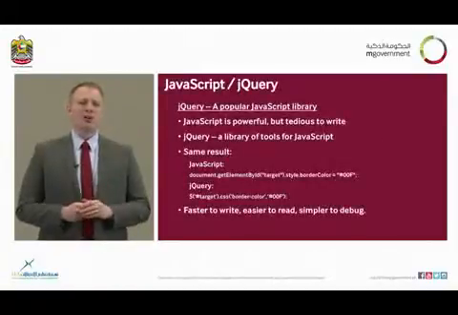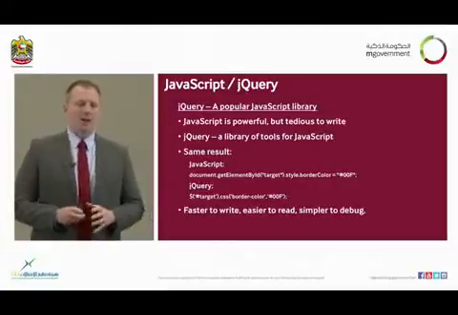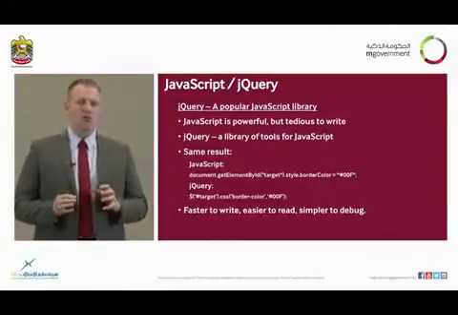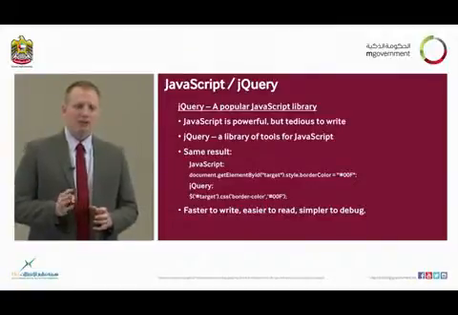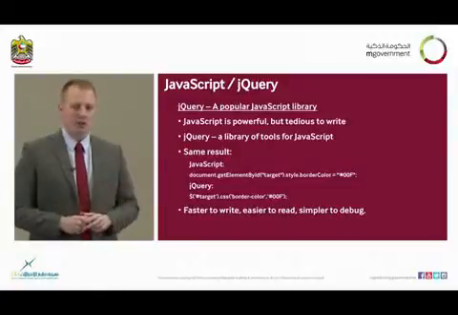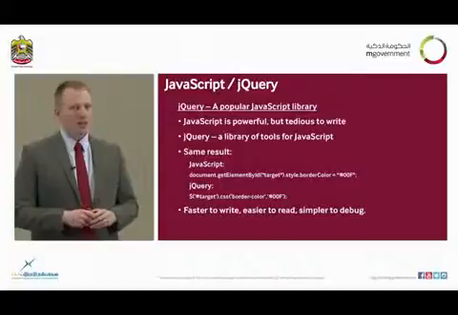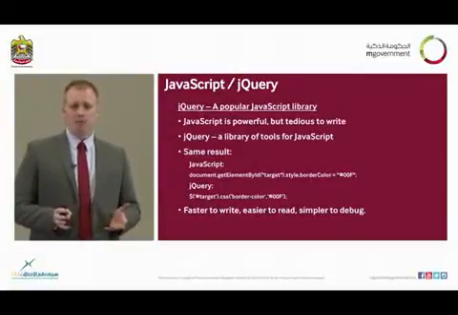So enter a JavaScript library called jQuery. Now, jQuery allows us to very, very simplify JavaScript. If you take a look, here is an example of something in JavaScript. It's going to change a color. And below it is an example of that exact same instruction, but through jQuery.